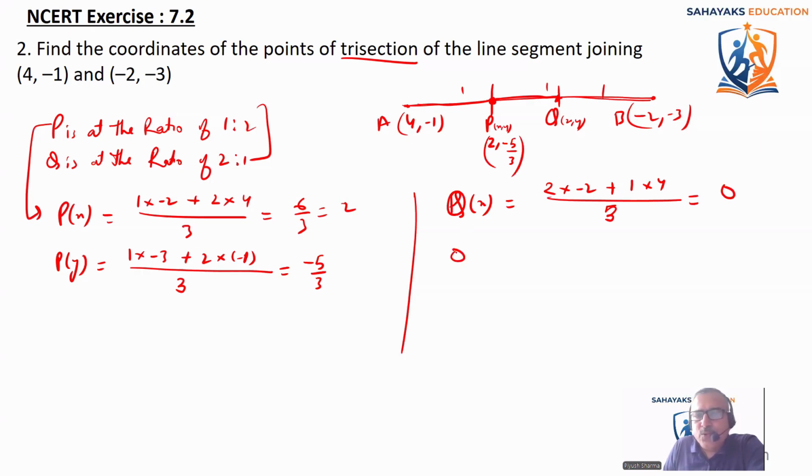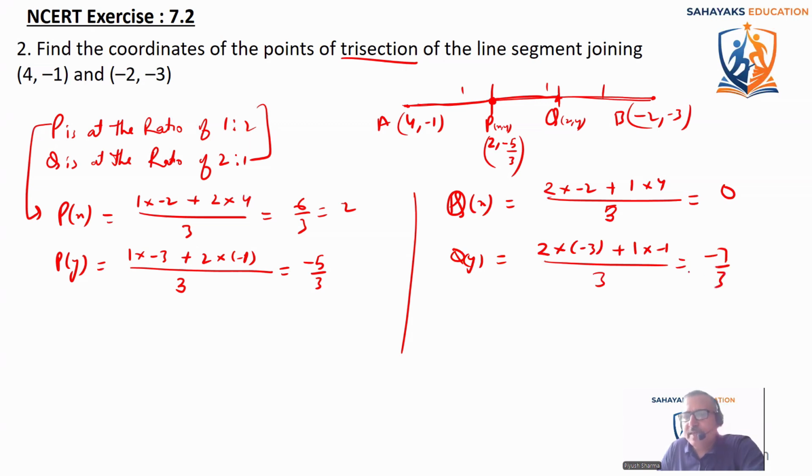And Qy is equal to 2 into minus 3 plus 1 into minus 1 divided by 3. So 2 into minus 3 is minus 6. Minus 6 minus 1 is minus 7 by 3. So this point comes out to be 0 comma minus 7 by 3. I hope you understood that.